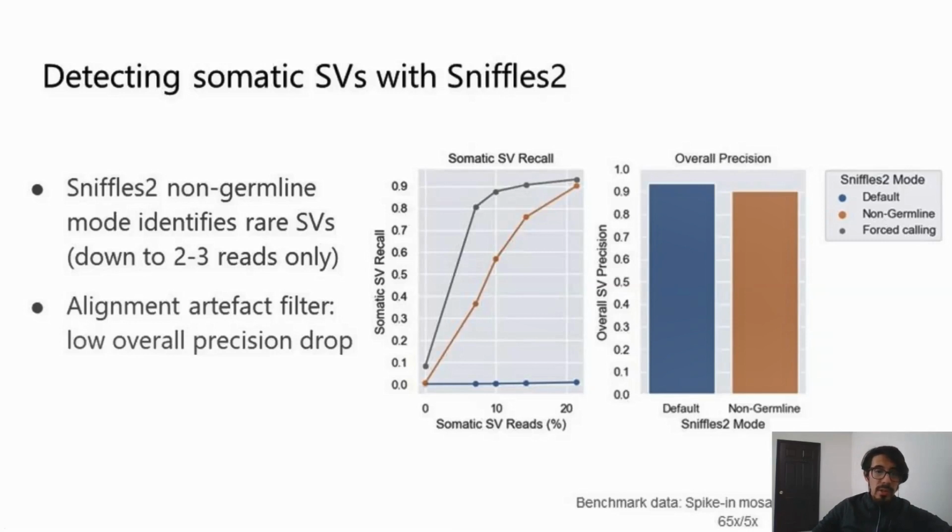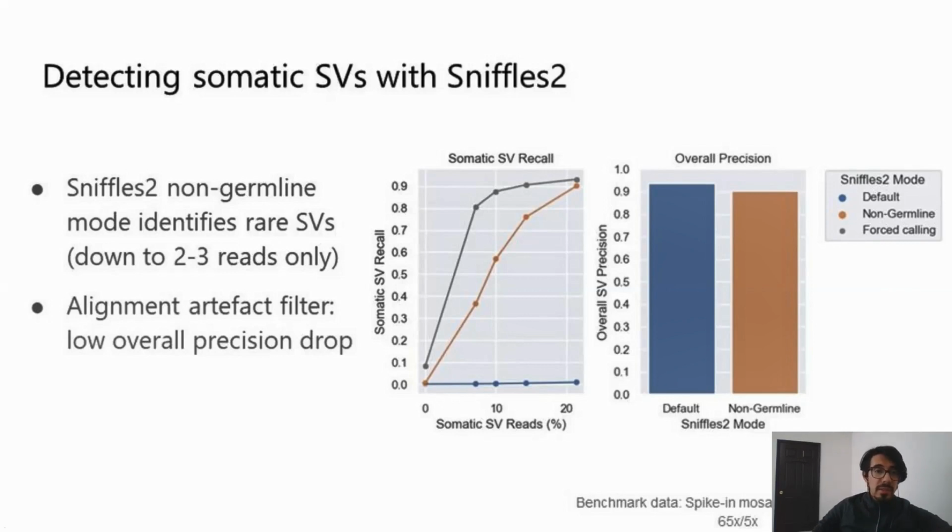We can show you here in the first dot, for example, in the 65 to 5, for this scenario, many of the reads that contain the structural variant are in the range of 1 or 0, meaning that it's very hard to detect them with a single read. Still, we were able to detect 35% of them. Just increasing a bit the sequencing depth of this spike-in, we can see a huge increase in the recall. And this is done without affecting the precision of Sniffles 2.